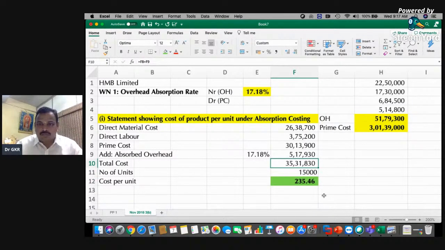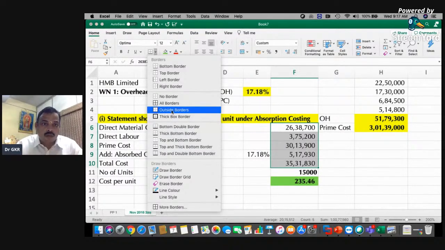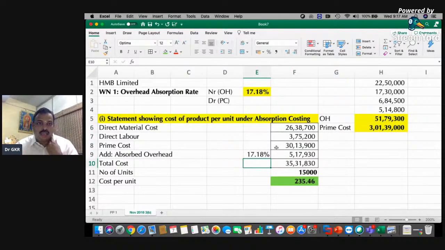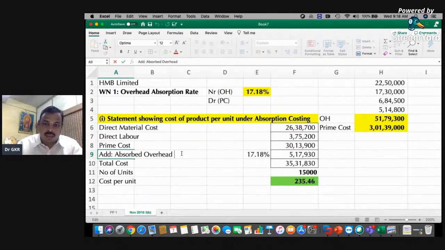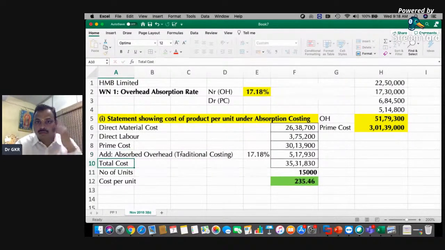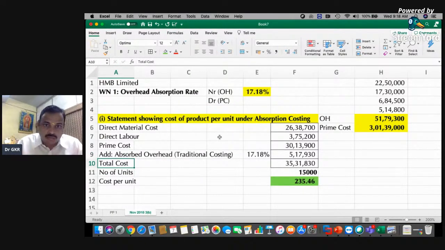Cost per unit. Good. Direct material, direct labor, prime cost, absorbed overheads. Absorbed overhead under traditional costing, that is called absorption cost.